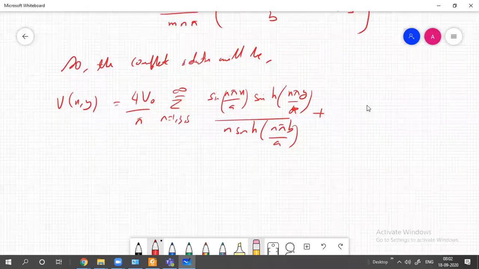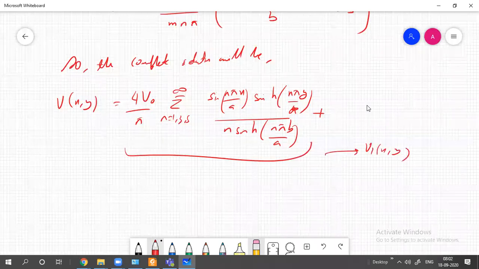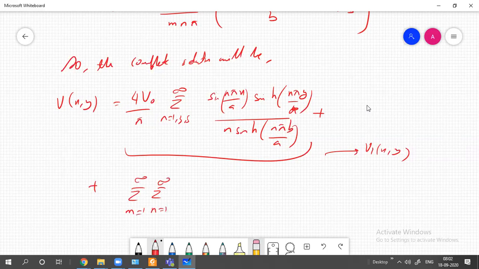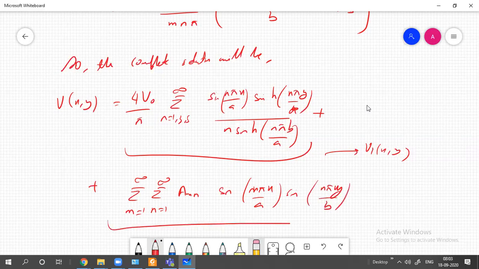This was our V1 of x y. Plus we will have summation, m and n equals 1 to infinity, of A of mn sine of m pi x by a sine of n pi y by b. So this will be our V2 of x y.